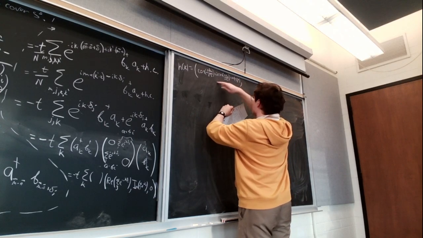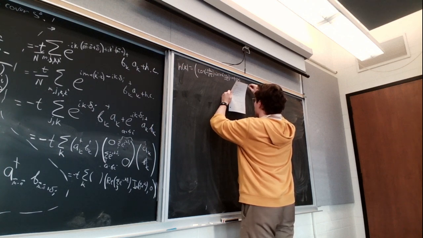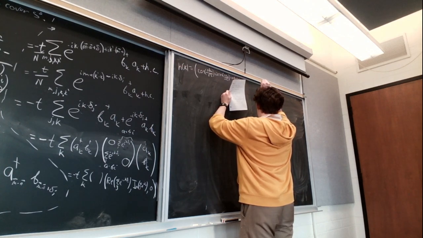So this is the sigma x component, and the sigma y component should be, I should have a minus, I think, right?